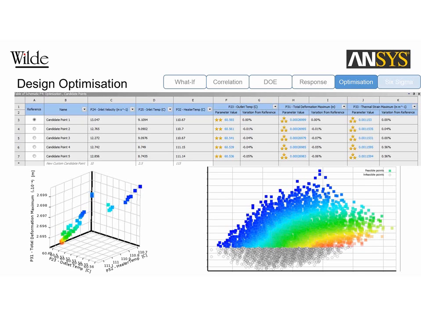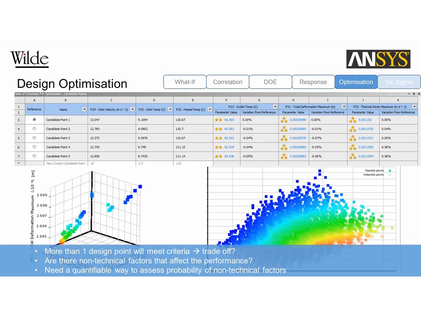One thing to take away from here now is the fact that there's more than one design point that meets the criteria. So this is where the subjective trade-offs come in between the product and the designer.